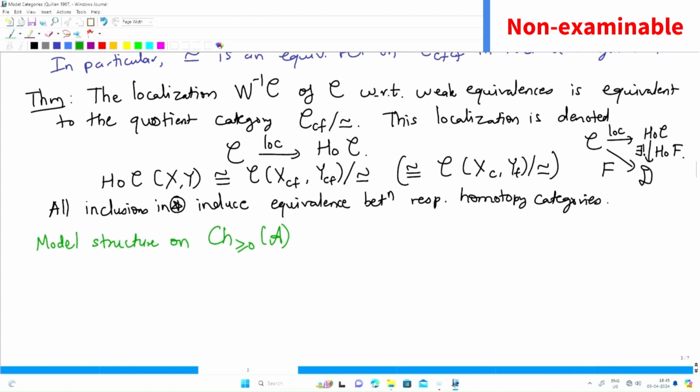Okay, so what is the model structure over here? So the cofibrations, yeah, they are monomorphisms in each degree with projective cokernel.